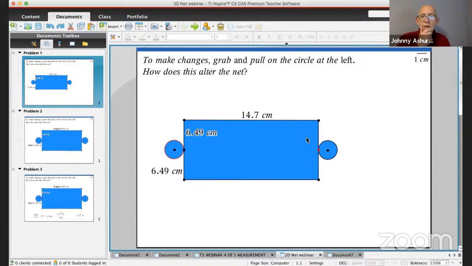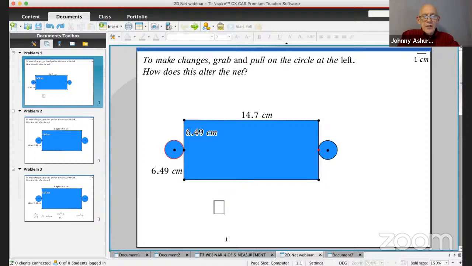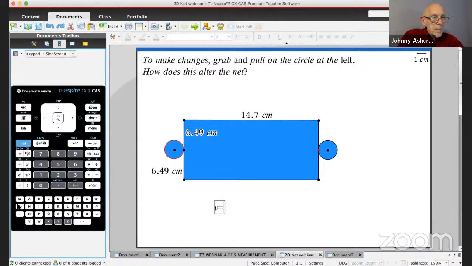The students would then need to think about a formula, and I'm going to insert the formula. Volume for a cylinder equals the area of its base, which is pi multiplied by r squared.